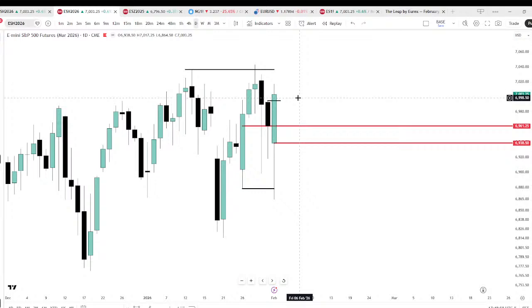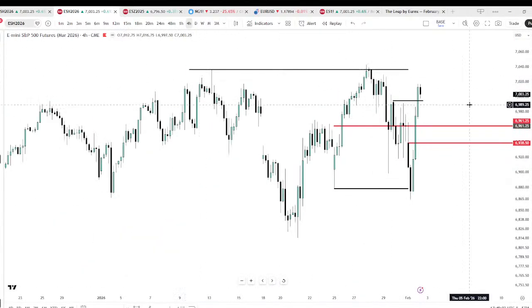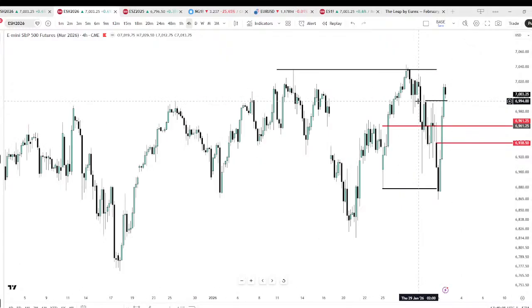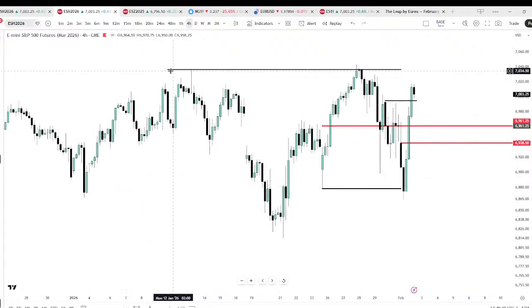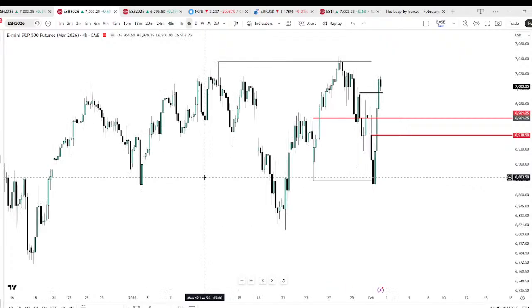But we kind of want to see really break down how everything reacted out here. So one thing I want to make mention of is this initial start of that buy model, starting from January 26th on a 4-hour chart. This was tapped into.